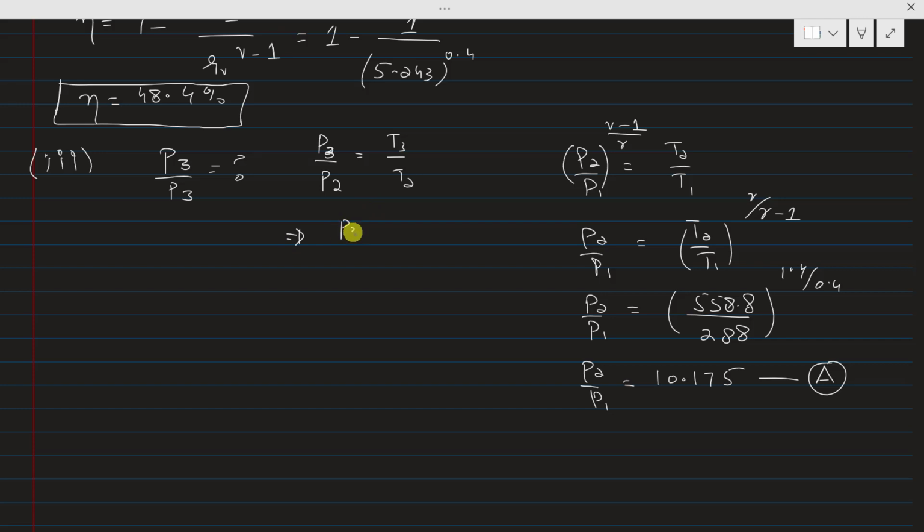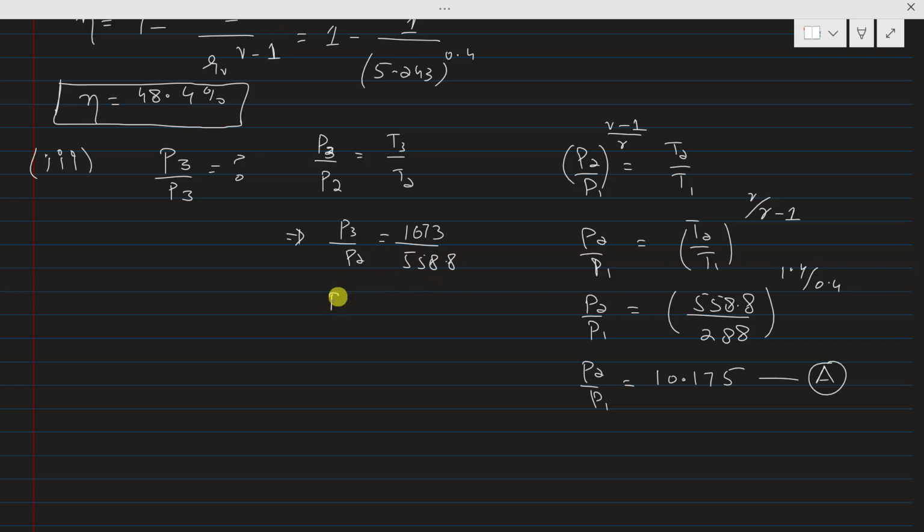So P3 divided by P2 is equal to, what is the T3 value? T3 is the maximum temperature value, that is 1673, divided by T2, which is 558.8.